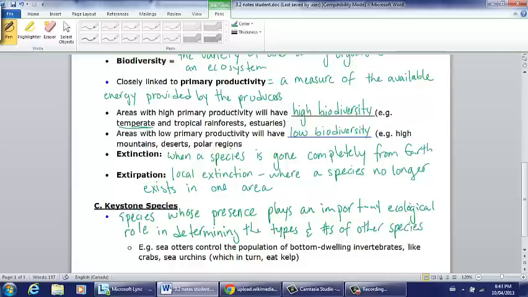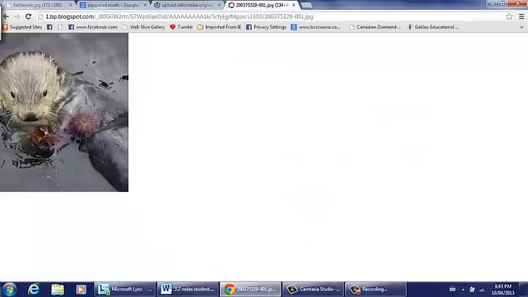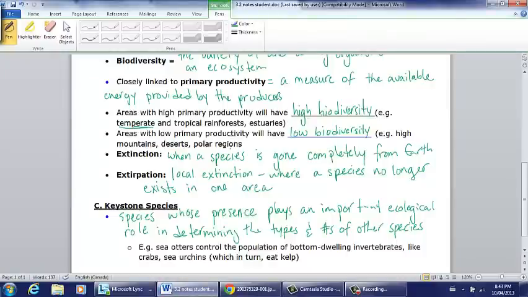Here in BC, one of our important keystone species is the sea otter. Here's a sea otter, and the sea otter is feeding on some urchin. Sea otters eat a lot of urchin, and that's very important, because if sea otters weren't there to eat them, the urchin would grow out of control. The urchins eat the kelp. If the urchins eat too much kelp, if they're out of control, then the whole ecosystem is going to collapse.